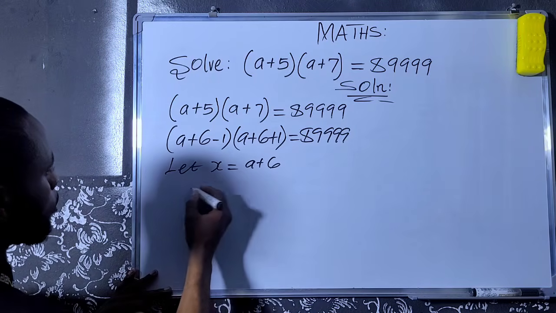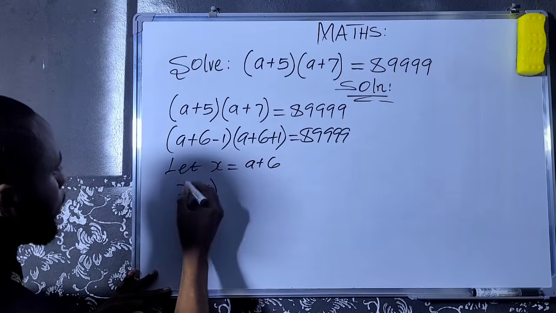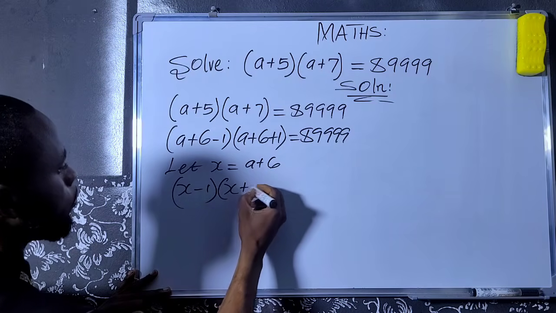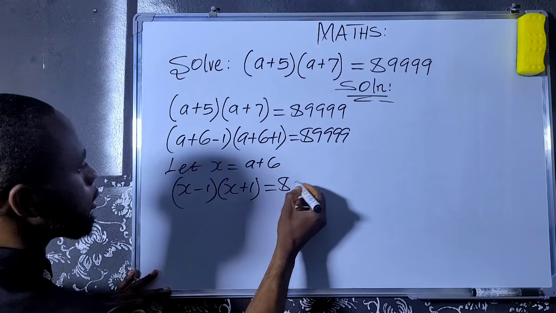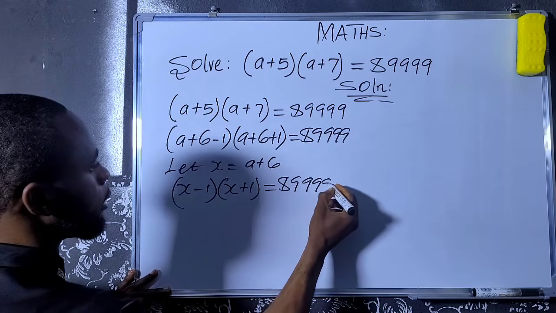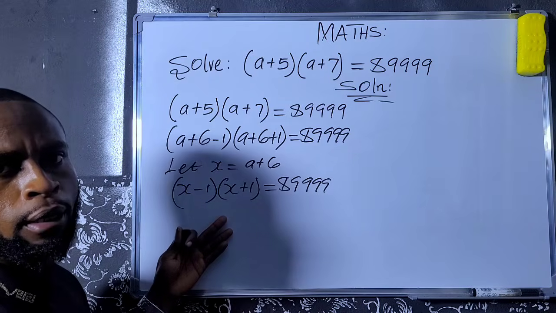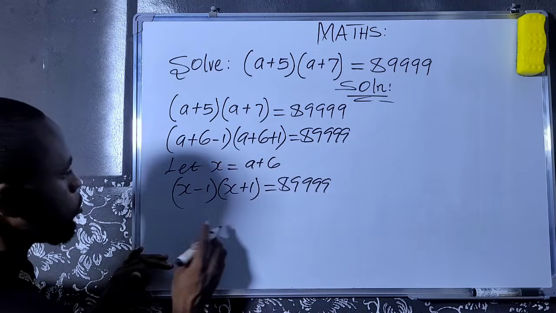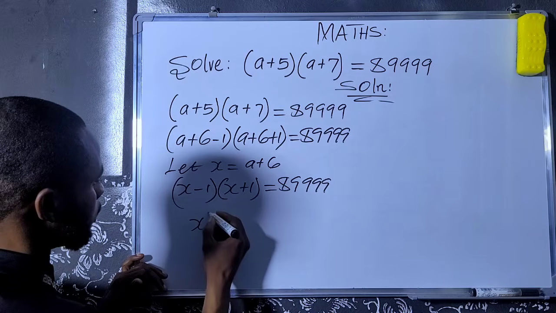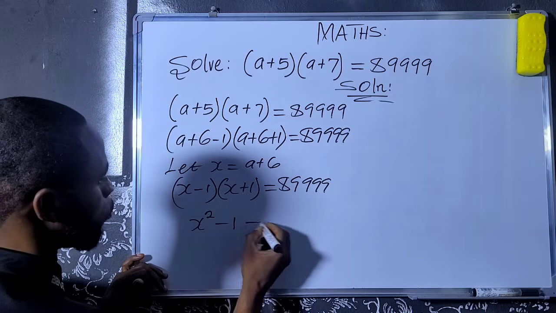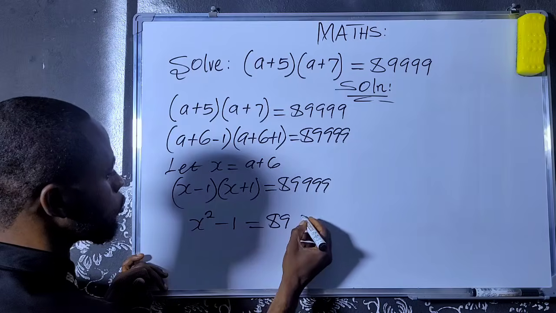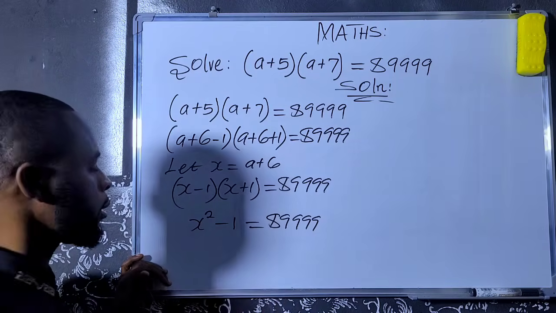Then the equation becomes (x - 1)(x + 1) = 89,999. Then this has become a difference of two squares. In that case, we can also express this as x² - 1 = 89,999.